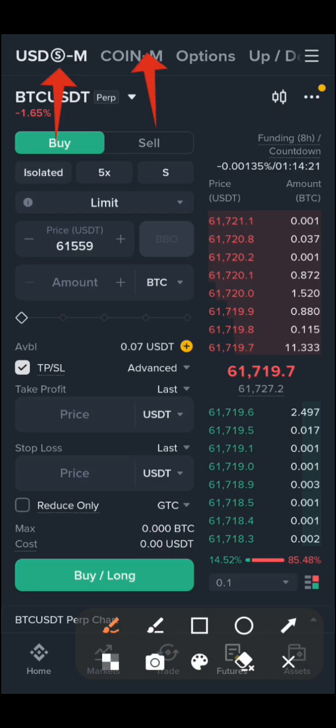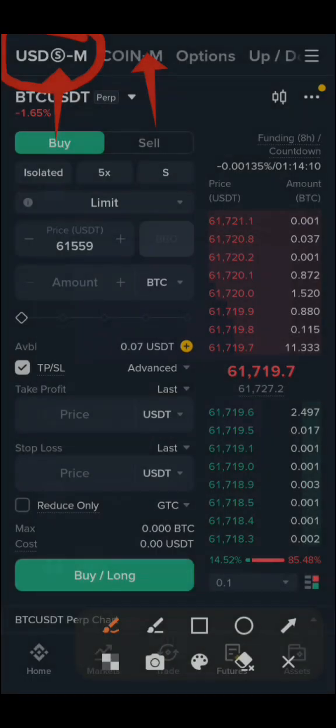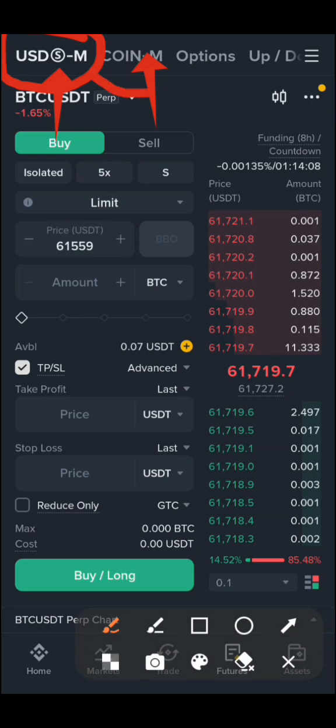Now, understanding the USD-M, this is where we use stable coins to trade futures, for example USDT and BUSD, and Coin-M is whereby we are dealing with the coin itself. For example, Bitcoin, we are dealing with Bitcoin itself, not using the stable coin. But with USD-M, we are using stable coins to trade futures.